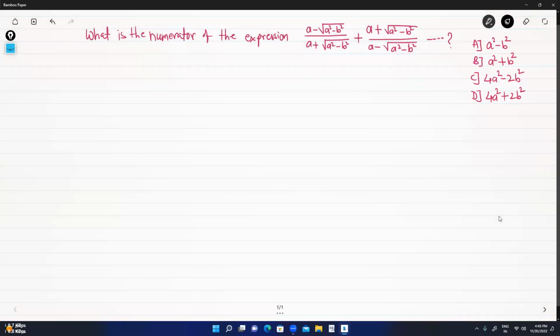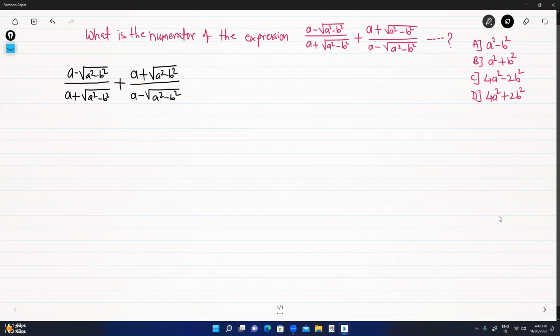First, I will write down the whole expression as it is. So we have (a minus under root a square minus b square) whole divided by (a plus under root a square minus b square), plus (a plus under root a square minus b square) whole divided by (a minus under root a square minus b square).